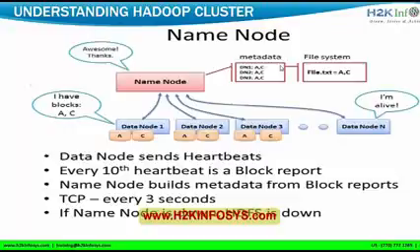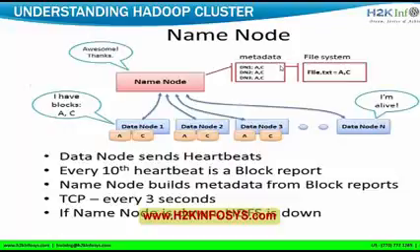Data node sends heartbeats and every 10th heartbeat, the name node will have its block report, and the name node builds metadata from those block reports. Once the information is given by the data node, it will update the metadata and also the files, like what blocks make up that particular file.